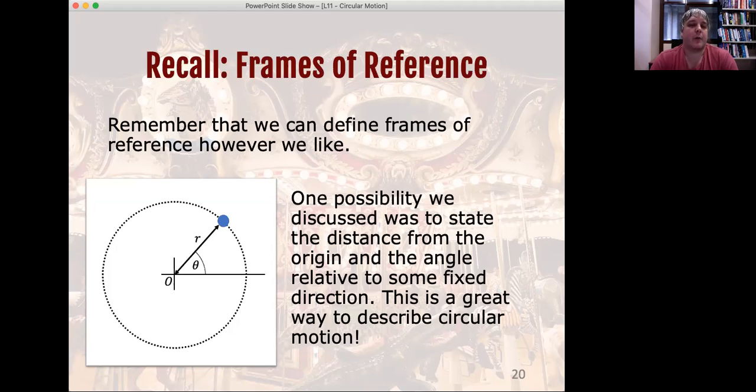But what we could do, and we've already briefly mentioned this when I was talking about frames of reference, is the idea of measuring that radius, because that's not going to change, and then just measuring the angle relative to some fixed point. So I've drawn a little diagram there. You can see I've chosen some direction, to the right in my case, to be my fixed line of reference. It doesn't actually matter where you put that, but you measure your angle relative to that fixed line.